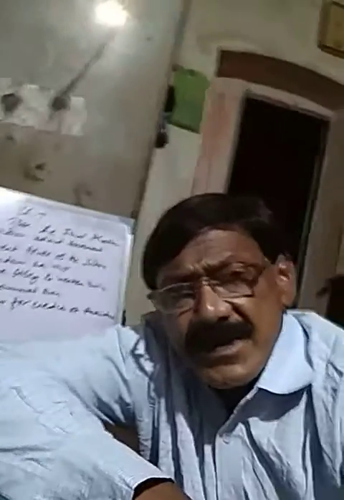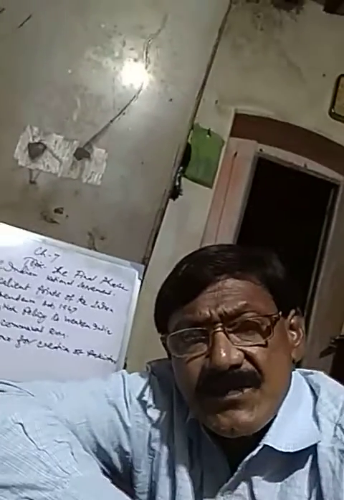First point, salient features of the Indian Independence Act 1947. After long discussions with other political leaders of India, the British government finally decided to cede power to the Indians.